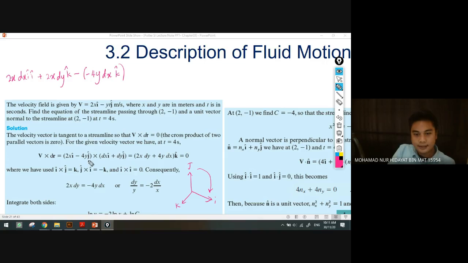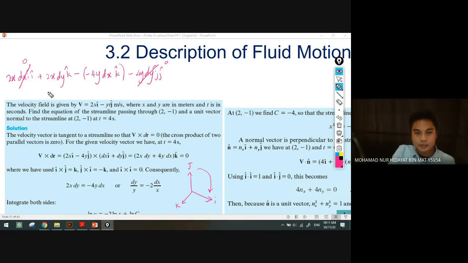And then negative 4y dy j. Remember, when this is the cross product, when the same vector is in the same direction, it is 0. Alright? I multiply with I is 0. There is no cross product on I.